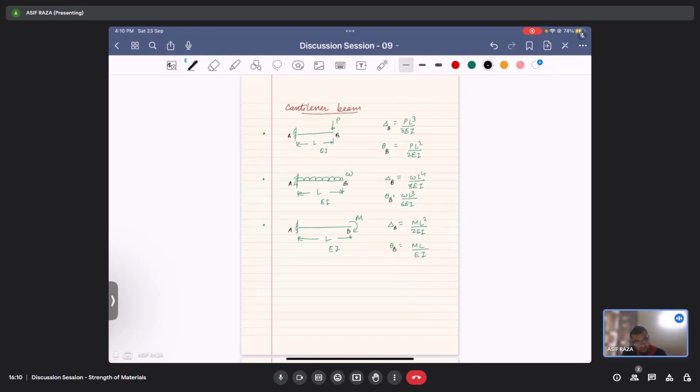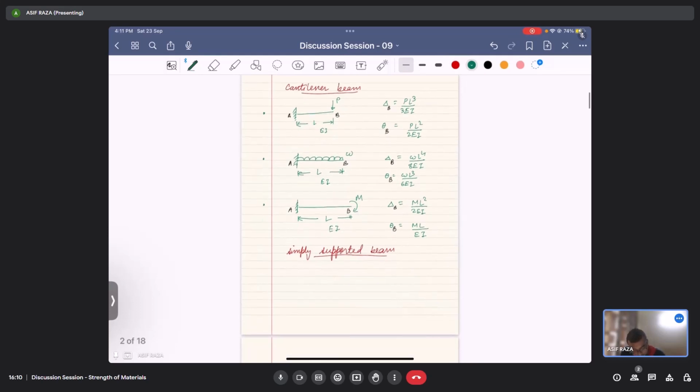Now, one more you can remember is for the case of a simply supported beam, with a hinge at one end and a roller at the other end.